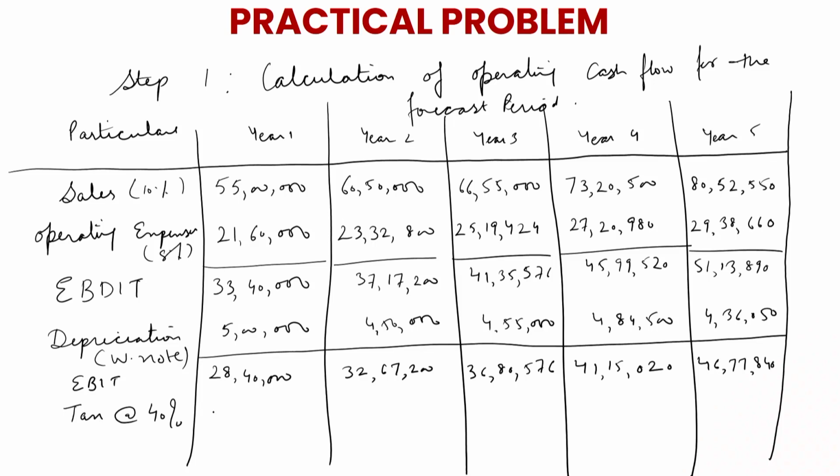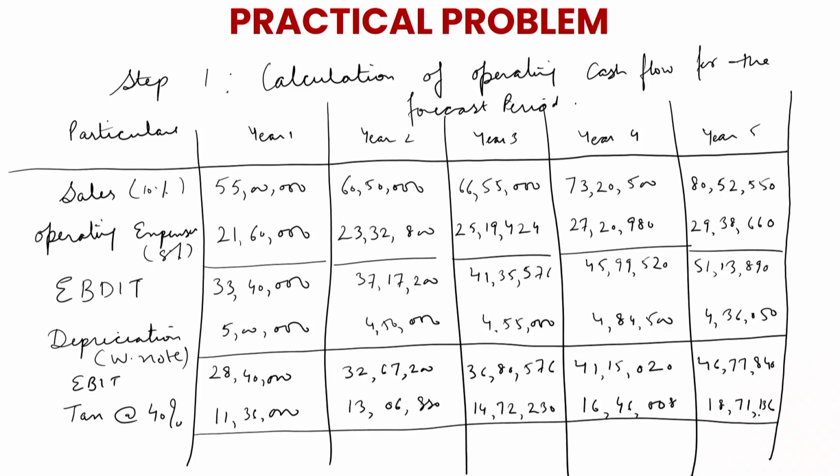So it is coming to 11,36,000 for the first year, 13,06,880 for the second year, third year 14,72,230, 16,46,008 rupees, and 18,71,136.